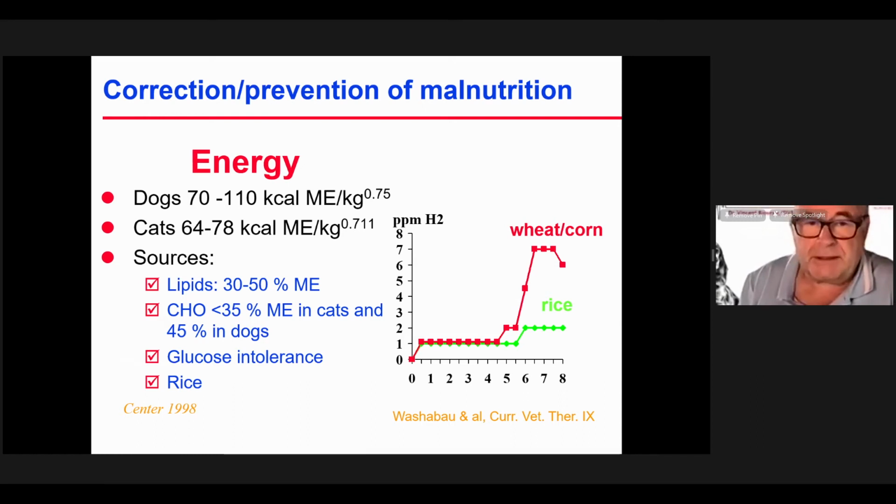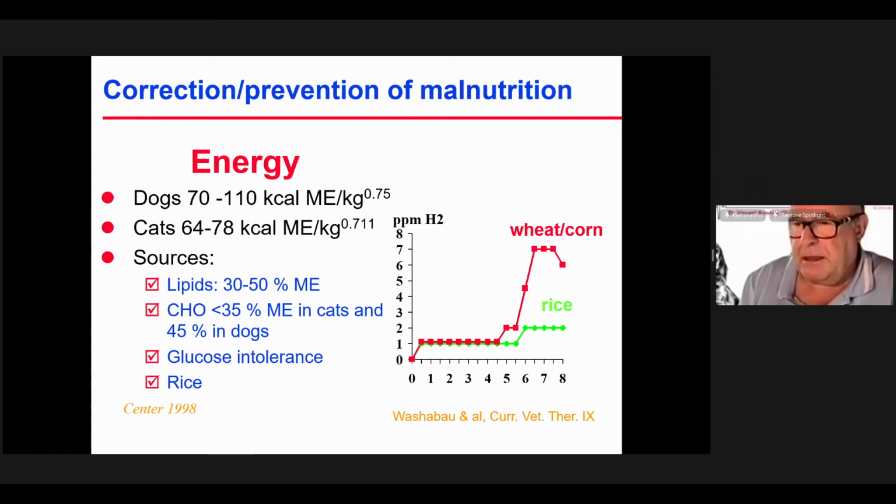On the other hand, in patients with liver disease, the fasting, the anorexia, will decrease the ability of those animals to deal with carbohydrate. For example, the pancreas will not secrete as much insulin as it should. So if you change the diet from one day to the other, the animal will not be able to react to the new diet, to the high level of carbohydrate that is in the diet. And that's the glucose intolerance.